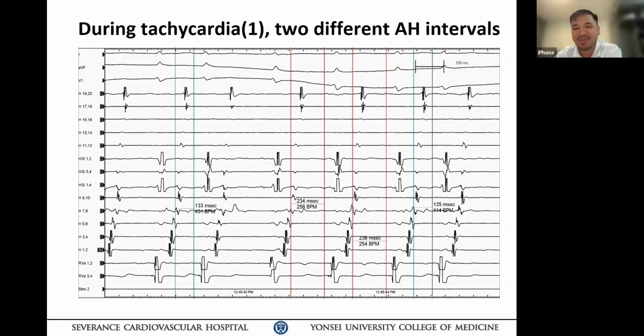Do you see this kind of double tachycardia often? No, I just saw it the first time.